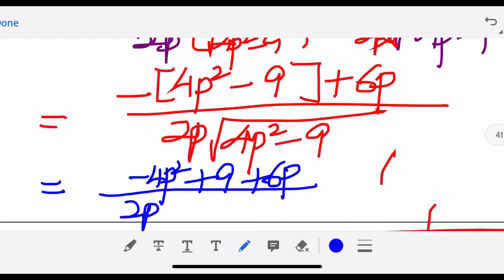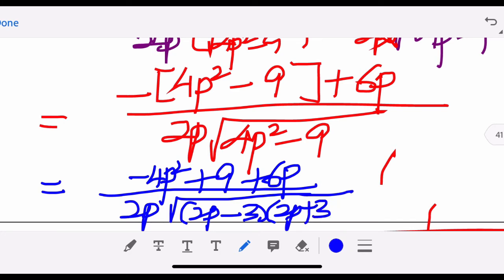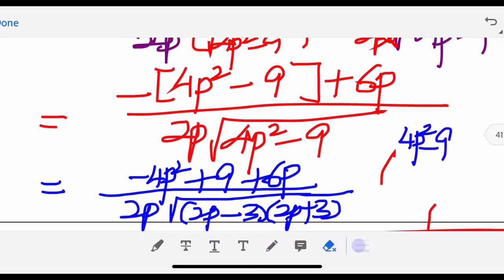If you want to write square root of 2p minus 3 or 2p plus 3, that is good. That is the better answer, because you should know that 4p squared minus 9 can be factorized.